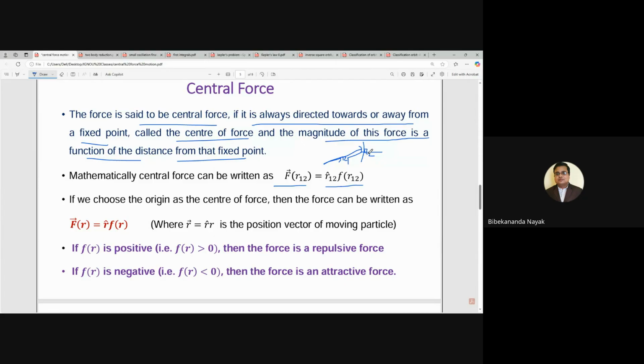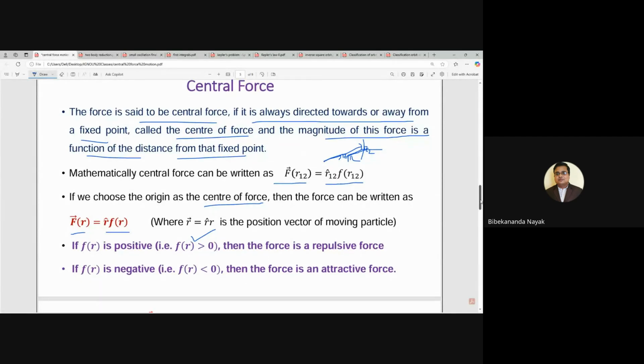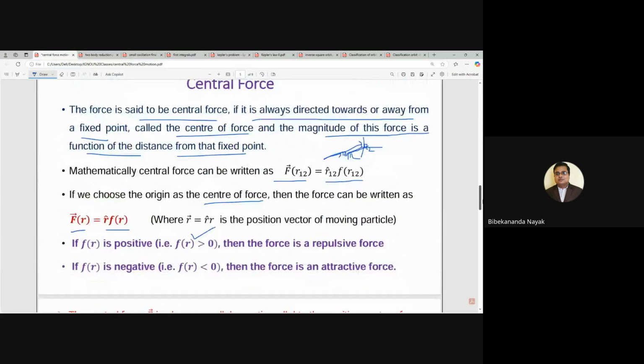If we choose the origin as the center of force, then obviously r12 reduces to r. Again, we can write this as r cap F(r). If F(r) is greater than 0, then the force is repulsive. If F(r) is less than 0, then the force is an attractive force.